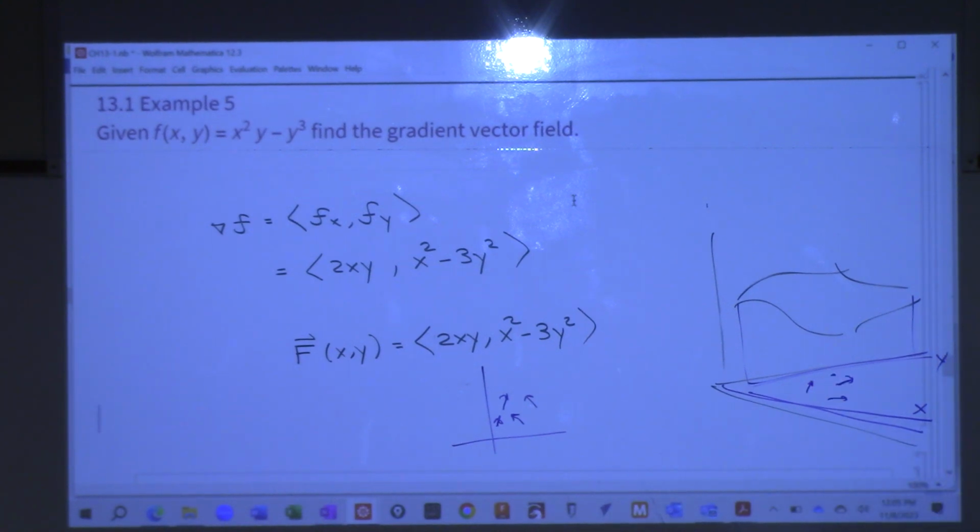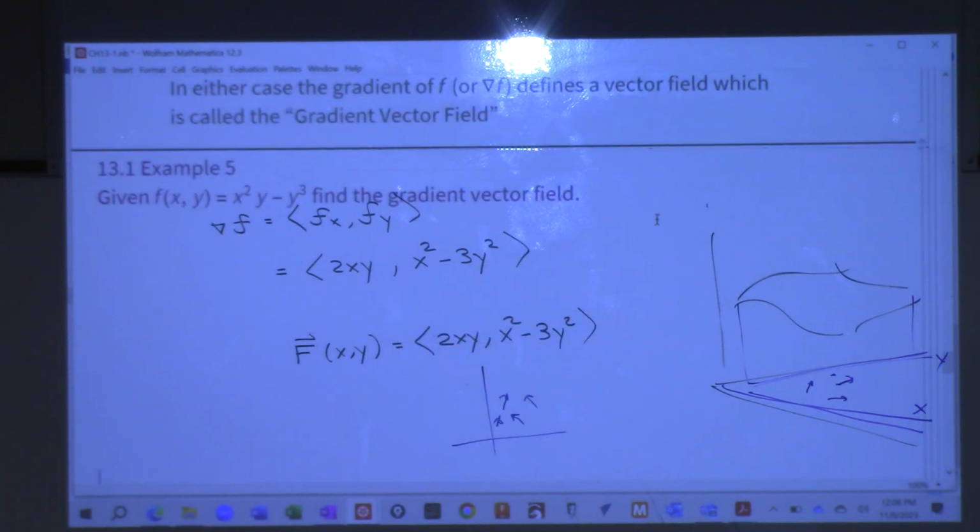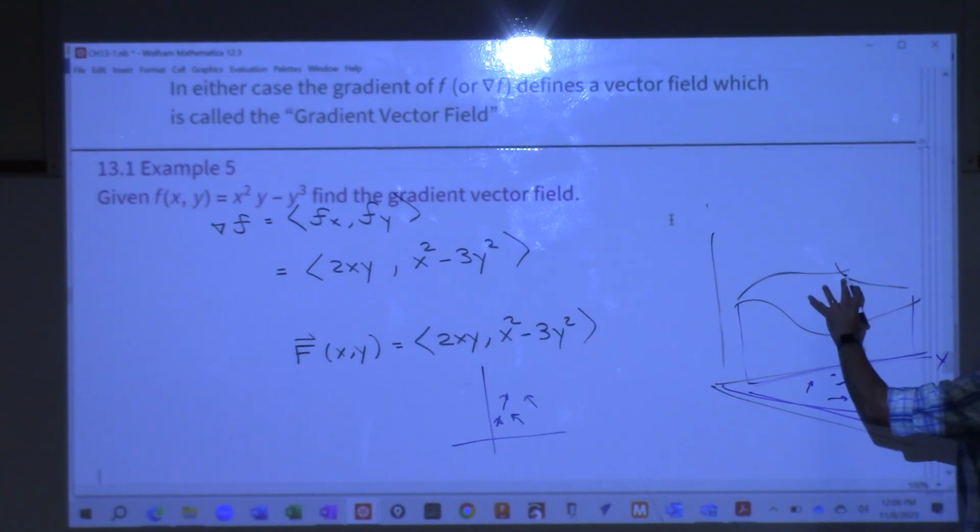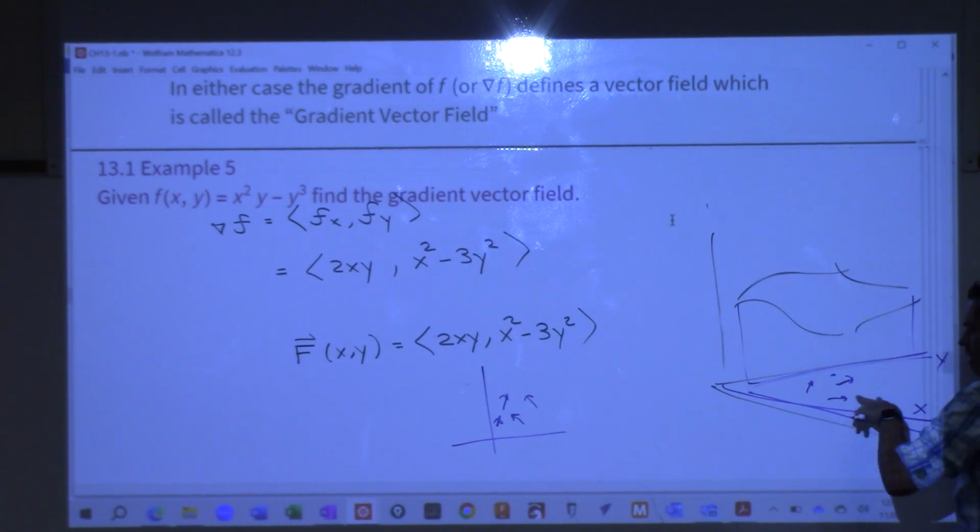But what they represent up on the surface is your gradient, your direction of the most rapid rate of change. So I'm going to show that to you visually. The important distinction I want you to make is that this surface lives in 3D. The gradient vector field that you create is a vector field that lives down here in the domain in two-dimensional space.